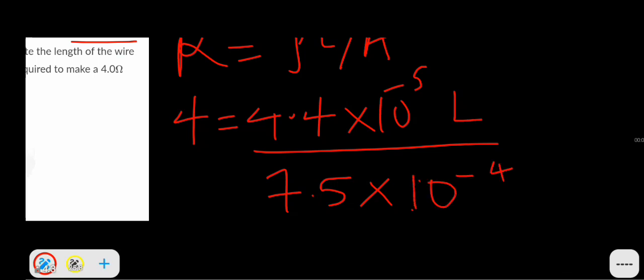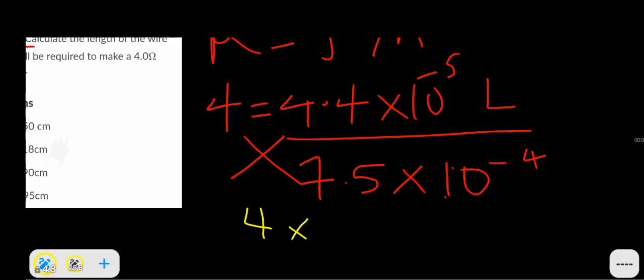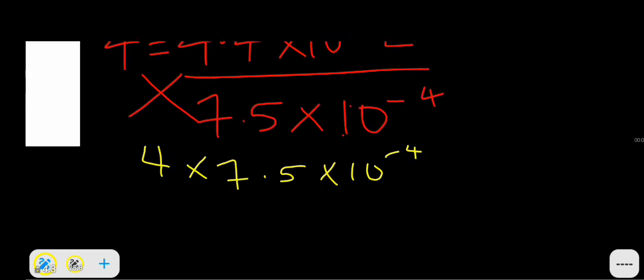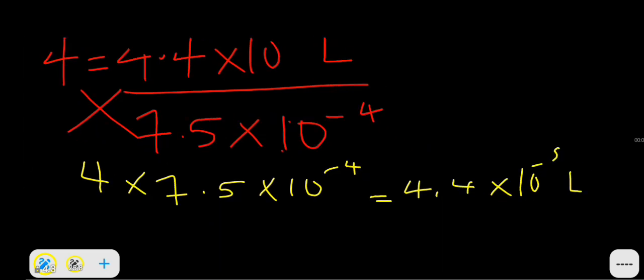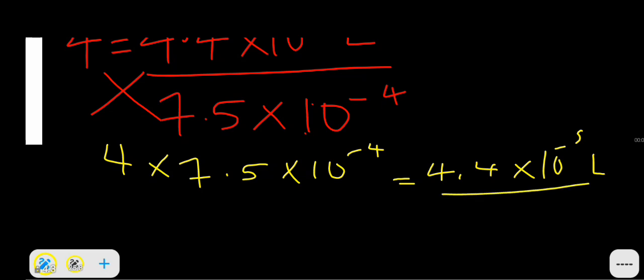So just cross multiply, times 7.5 times 10 to the power minus 4 is equals to 4.4 times 10 to the power minus 5 L. So just divide both sides by this one here. Do the same thing here.